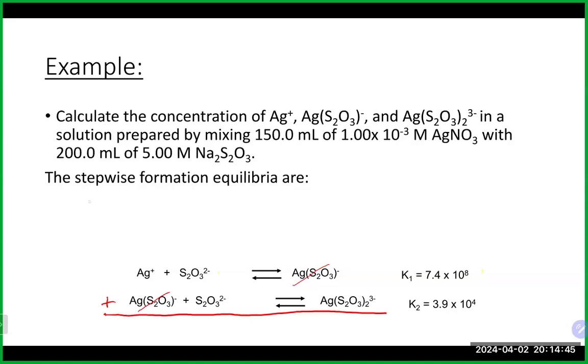This will give us an overall of a silver ion plus a couple of our S2O3 2 minuses, making our complex ion of silver with a couple of those guys attached.